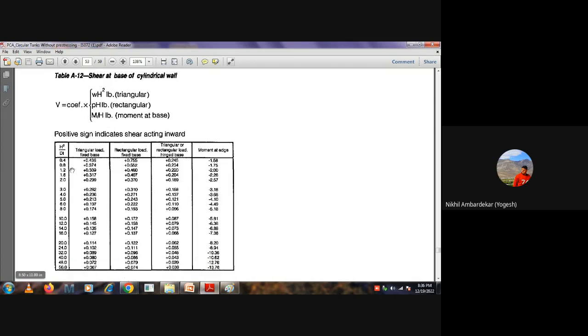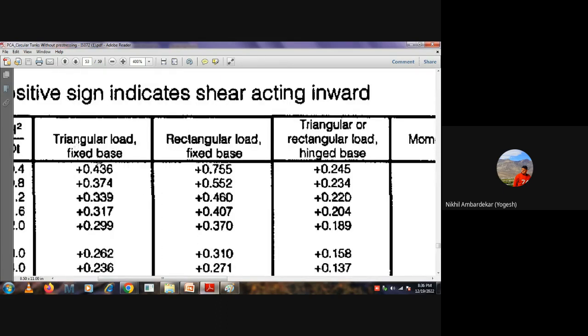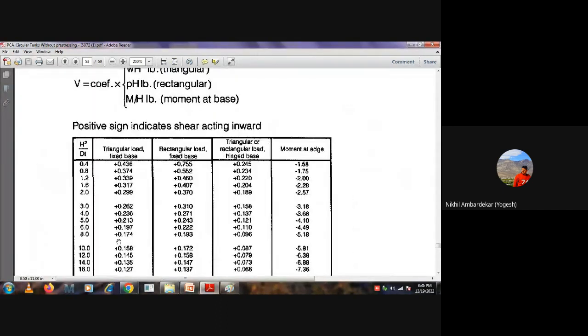Same thing, WH square, triangular. You can see this triangular load, fixed base, so we directly get the coefficient 0.174. Calculate how much it comes to.